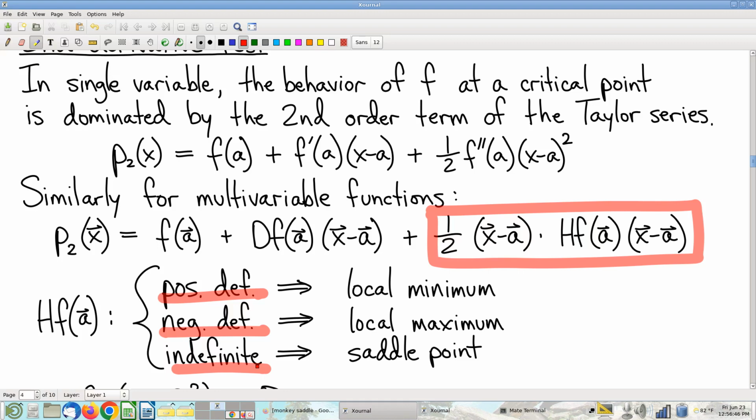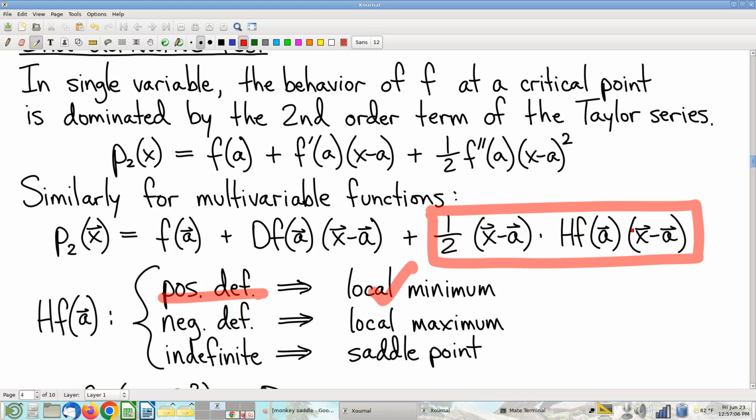And what happens to the function, I think, is pretty clear. If this were positive definite, well, then we're looking at a local minimum. Does that make sense to everybody? It's totally analogous to what we just argued in the single variable case.